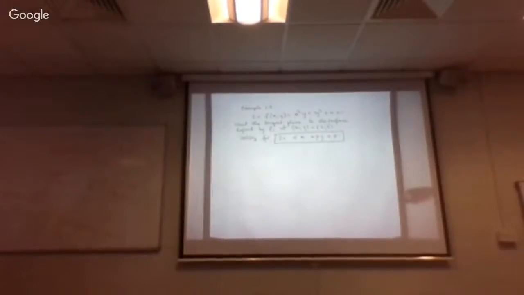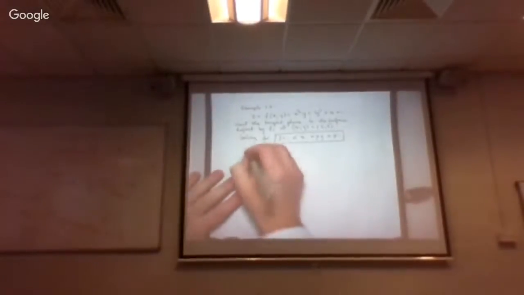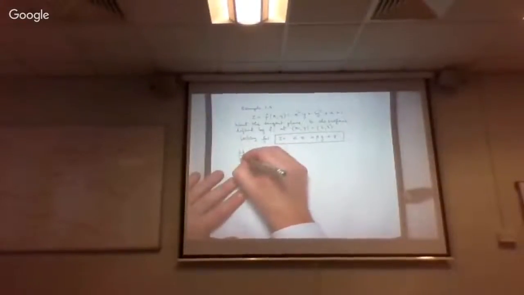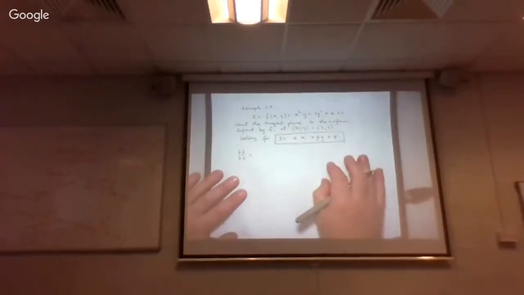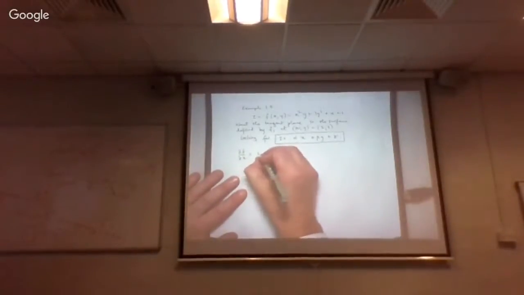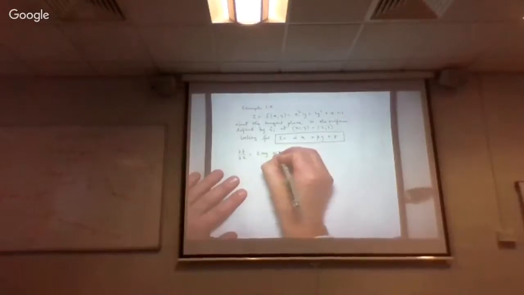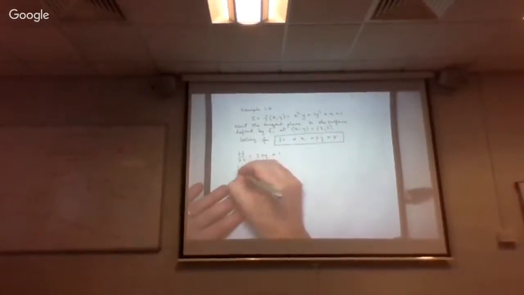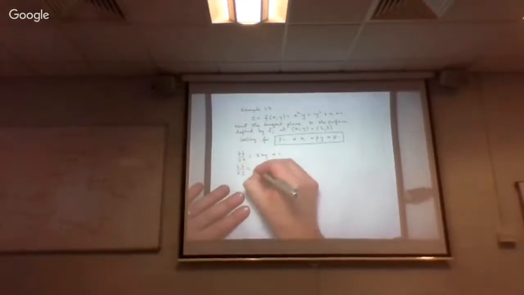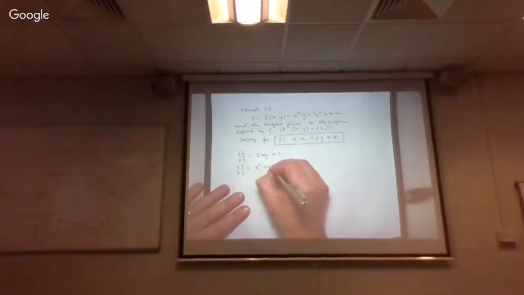Well, from what we've looked at, the alpha is going to come from the partial derivative of f with respect to x. Looking at the equation defining f, this becomes 2xy plus 1. And we also need the partial derivative of f with respect to y, which will be x squared plus 4y.